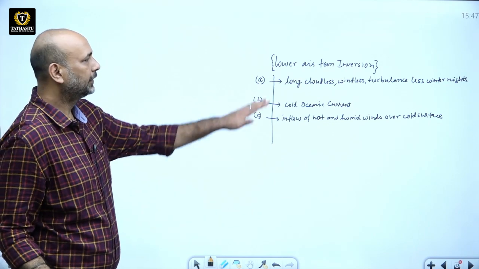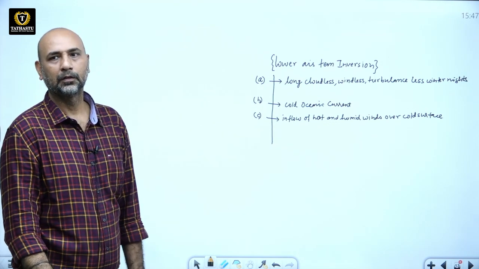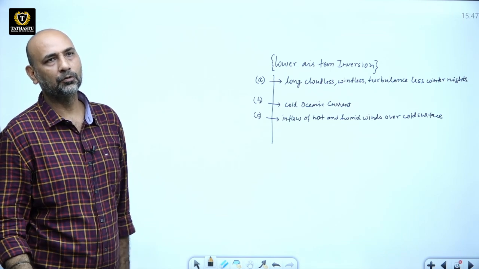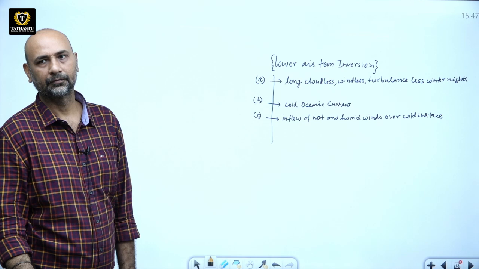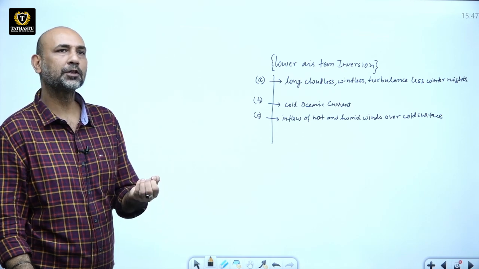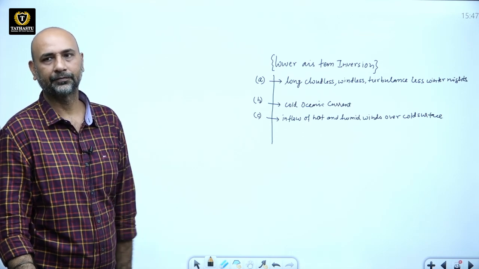Okay? In these three situations, in the lower part of the troposphere, temperature inversion is formed. Lower part of troposphere, which is close to the surface of Earth.